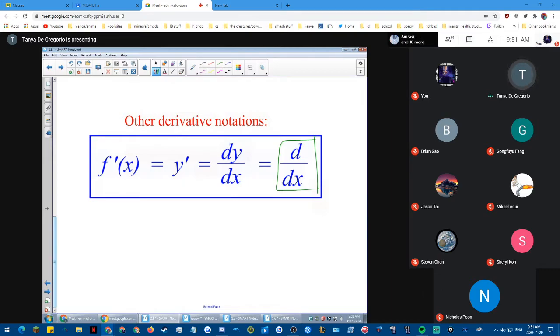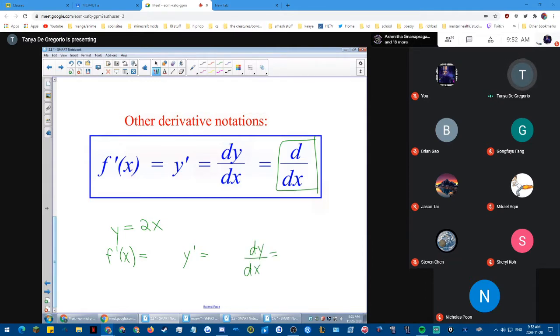I'm going to give you an example. If I have the function, something simple, y equals 2x. I go to take the derivative in this notation, I just go ahead and take the derivative. In this notation, again, I just go ahead and take the derivative.